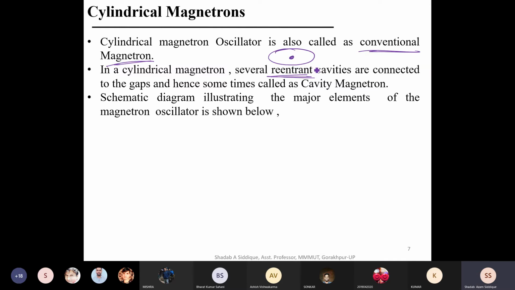In that anode, there are cavities. So this is what is called a cavity.